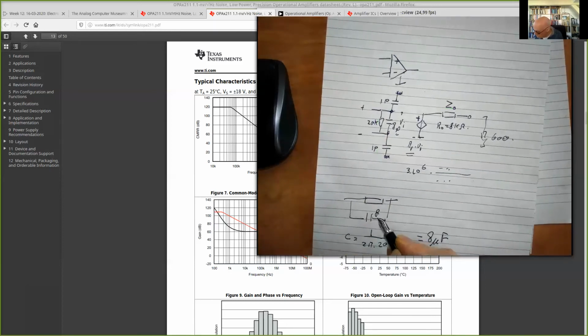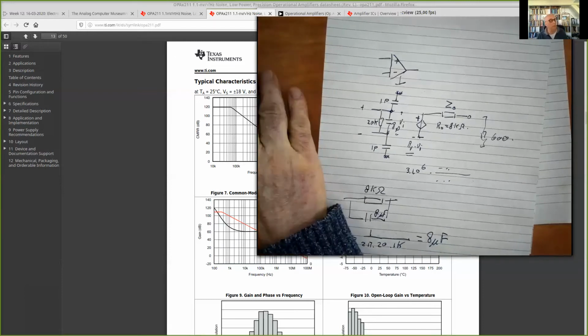And of course, no one put 8 microfarad in there. And this was 8 kilo ohm. Of course, no one put 8 microfarads in there, but this capacitor is a result of all, let's say, frequency compensation techniques that are applied in the operational amplifiers.